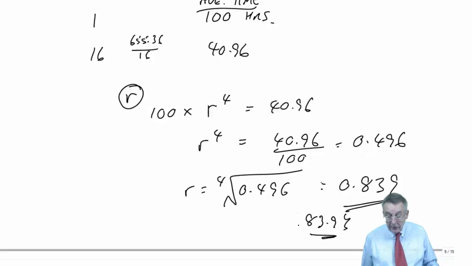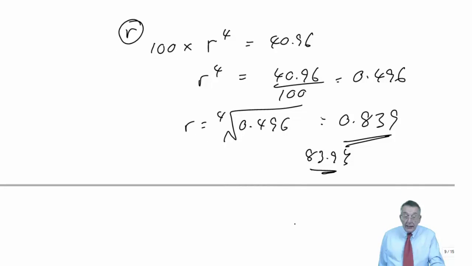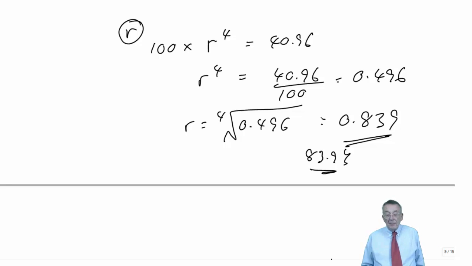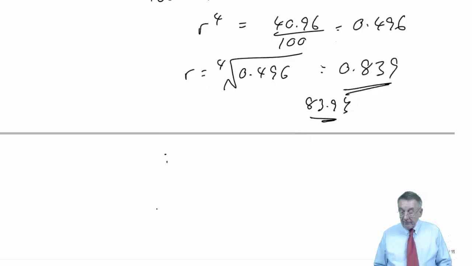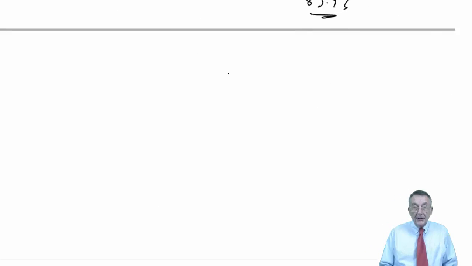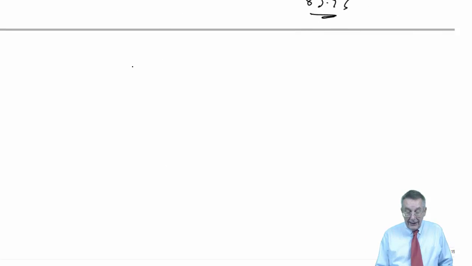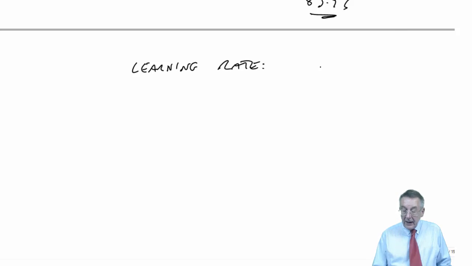So don't get caught out by one of those. Finally, something that isn't mentioned in the notes, it doesn't involve calculations, but just think about this one. Suppose I tell you the workers in one factory, A, have a learning rate of 90%.